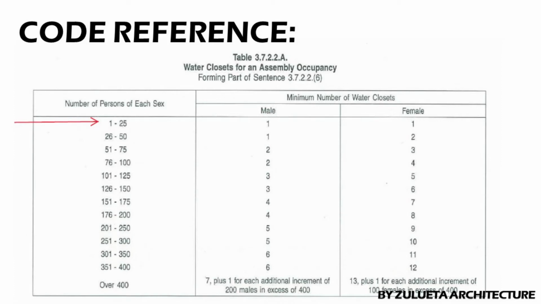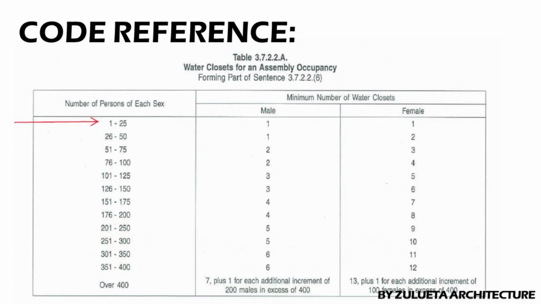The code reference that I have shown here is the Alberta Building Code, and it shows the water closets for an assembly occupancy, which is what we have right now, a restaurant. If you have a total number of users of 25, you divide that by 2, which is 12 or 13 each sex, male and female.